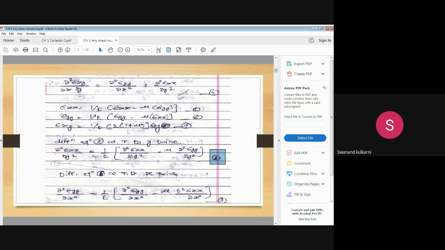Similarly, if it is epsilon yy, then we have to differentiate epsilon yy 2 times with respect to x in order to get the first part of the right side of equation number 4.